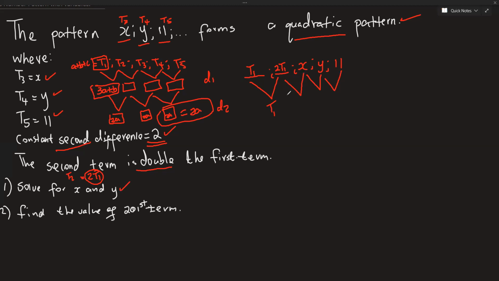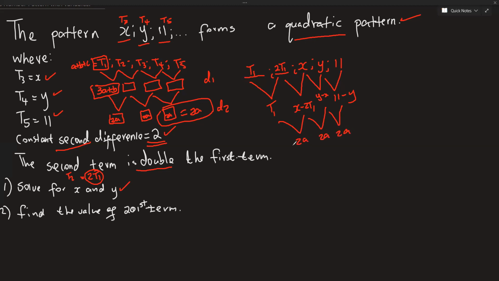And then here is going to be X minus 2T1. Here is going to be Y minus X. Then here is going to be 11 minus Y. And for this part, I can see that if I try to subtract these ones, it's going to get complex. But I was already given this, right? So here I'll just say 2a, 2a, 2a.